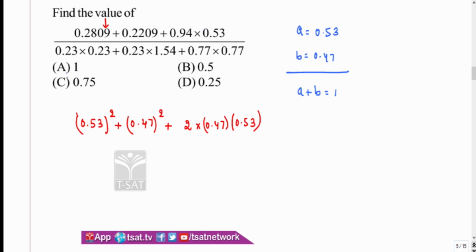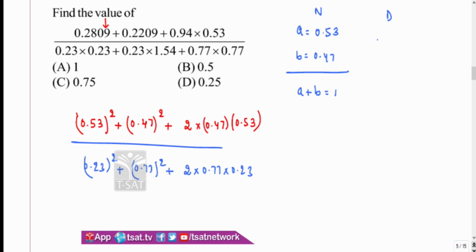In the denominator also, it is 0.23 whole square plus 0.77 whole square, and 0.54 you can write as 2 into 0.77 into 0.23. Now look at the denominator. Here a is 0.23, b is 0.77. If you add both of them, it becomes 1. Therefore, your numerator is 1 and denominator is also 1.